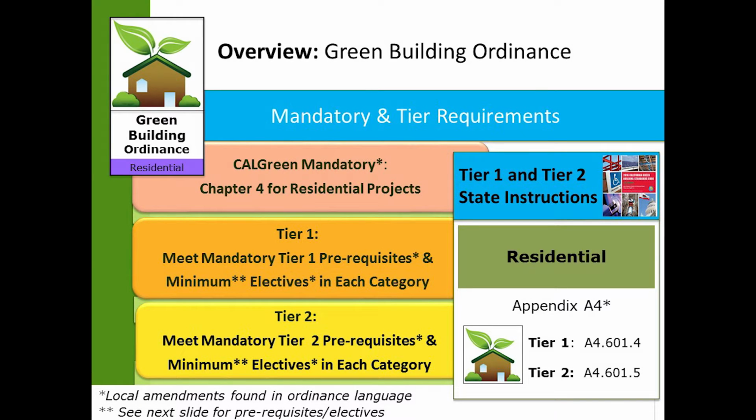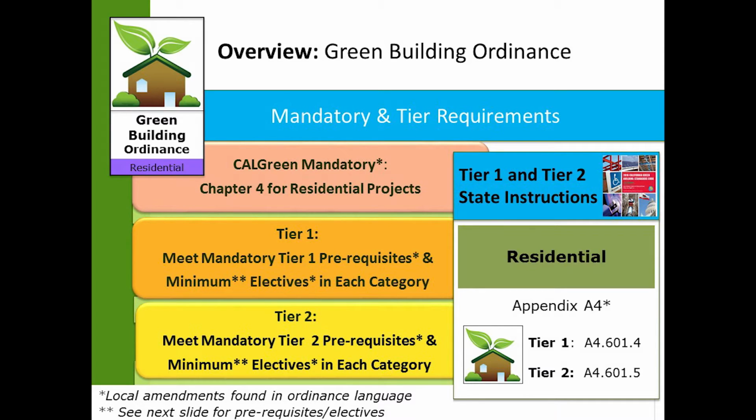This slide provides an overview of the mandatory and tier requirements. So for CalGreen mandatory, projects are subject to Chapter 4 for residential projects. The provisions within this chapter are for those as applicable to the scope of work. For Tier 1, projects must meet the mandatory Tier 1 prerequisites and minimum electives in each category.